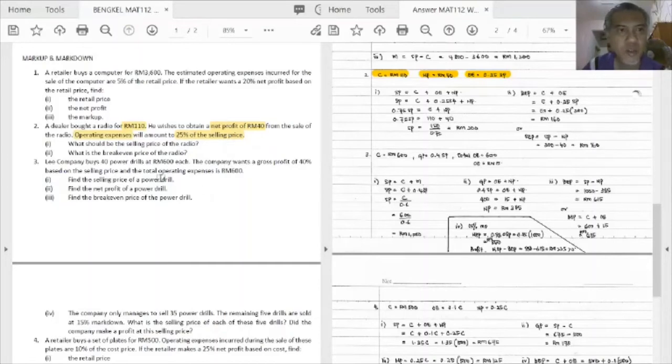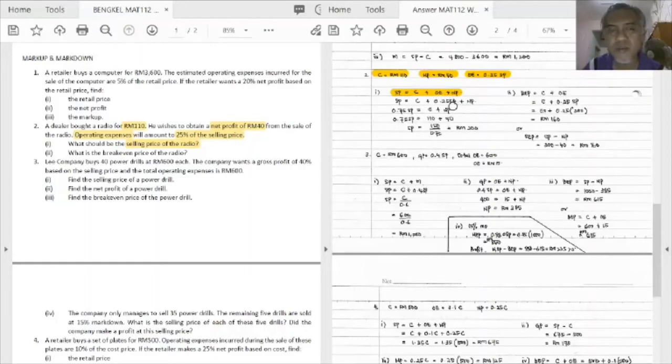The first question asks you to find the selling price of the radio. As given by the general formula, SP is equal to C plus M. But in this case, you have the values for NP and OE, so you can replace M with the gross profit, that is OE plus NP.